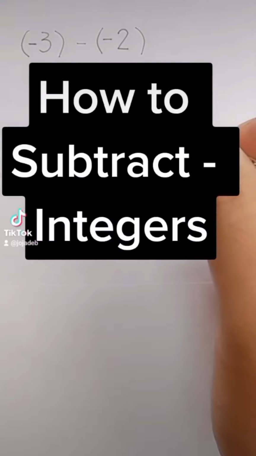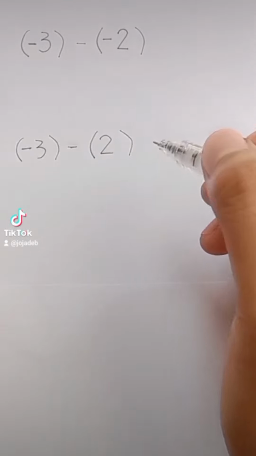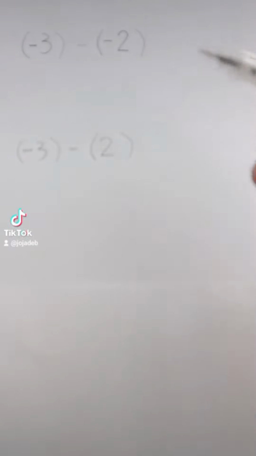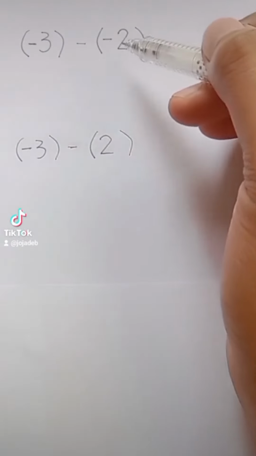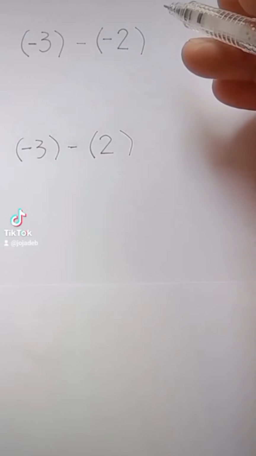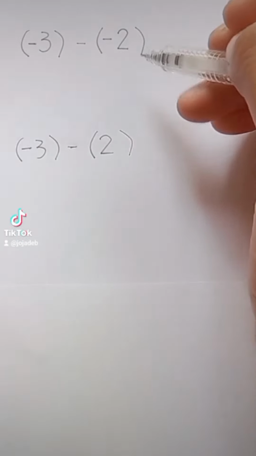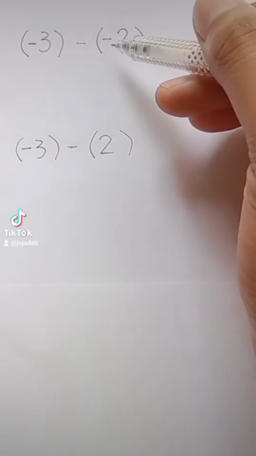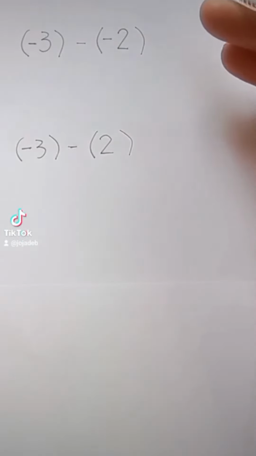How to subtract integers. In subtracting integers, we simply change the sign of the subtrahend and then proceed to the addition rule of integers. For example, what is negative 3 minus negative 2? What we need to do is to change the sign of the subtrahend, which in this case is negative 2.